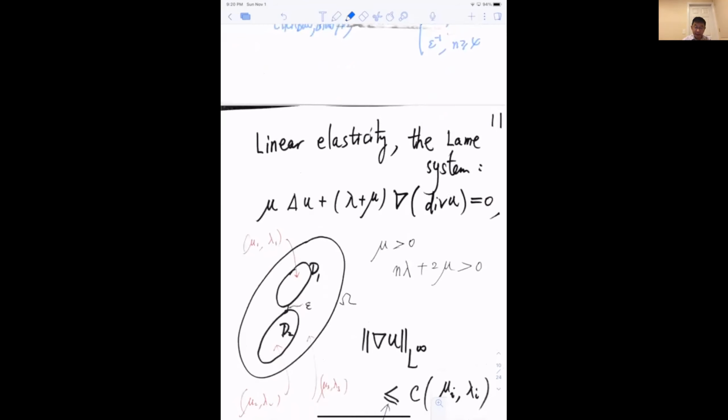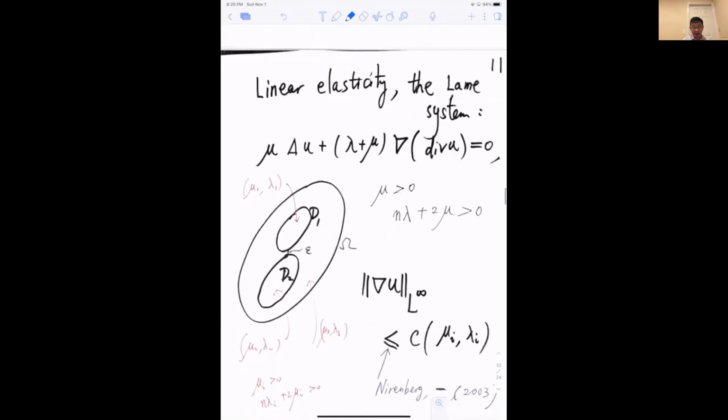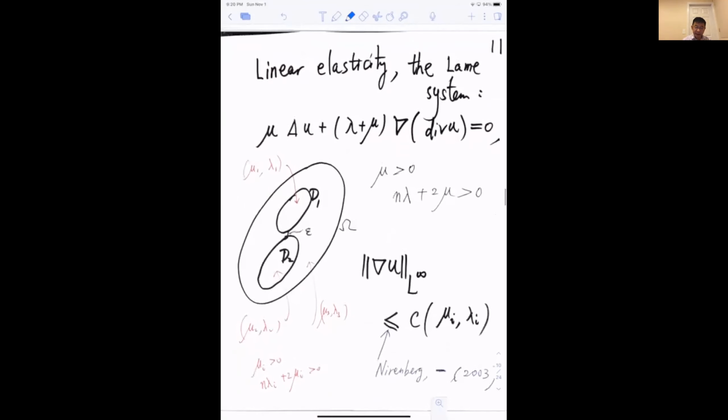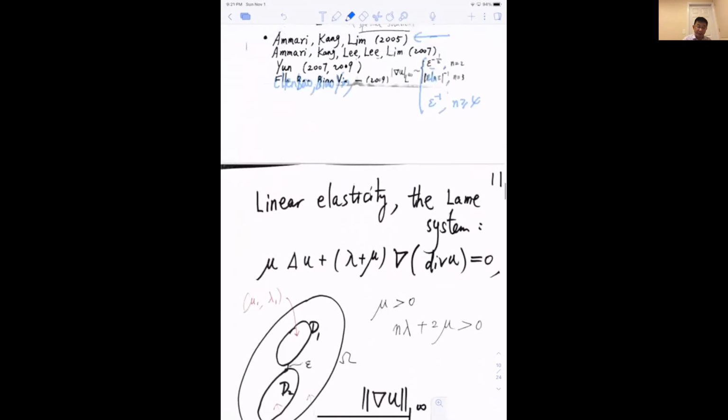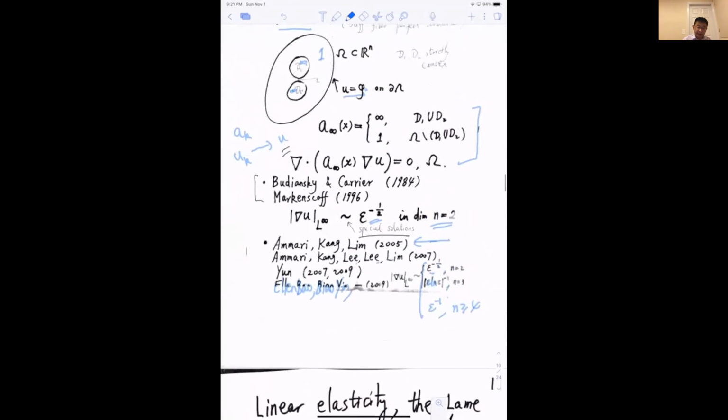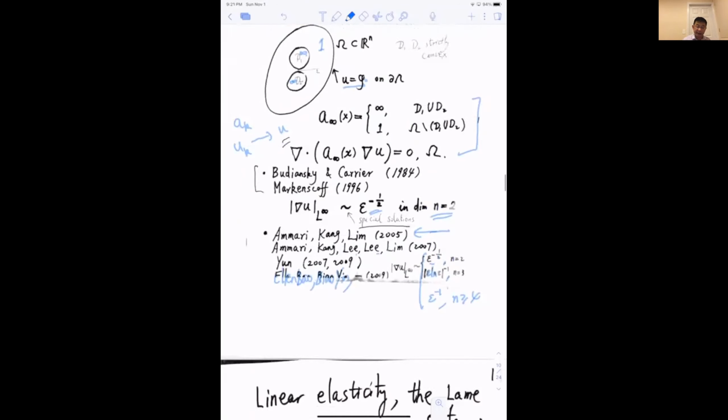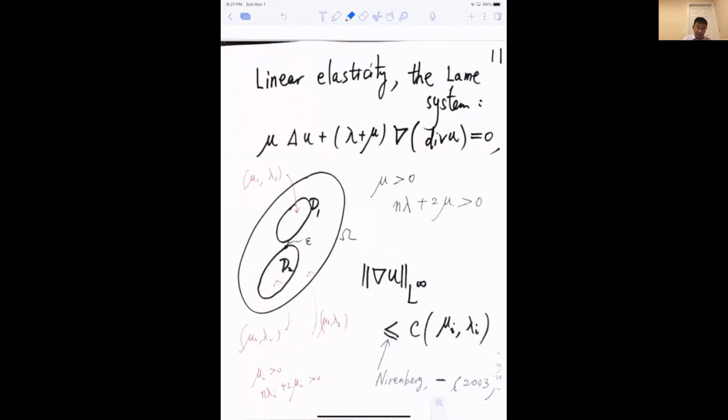And for linear systems of elasticity, like the Lamé system, in that case, instead of ellipticity constants 1 and infinity, one can say, if we look at 3 sets of mu, mu1 lambda1 here, mu2 lambda2 here, mu3 lambda3 here, they are all elliptic.